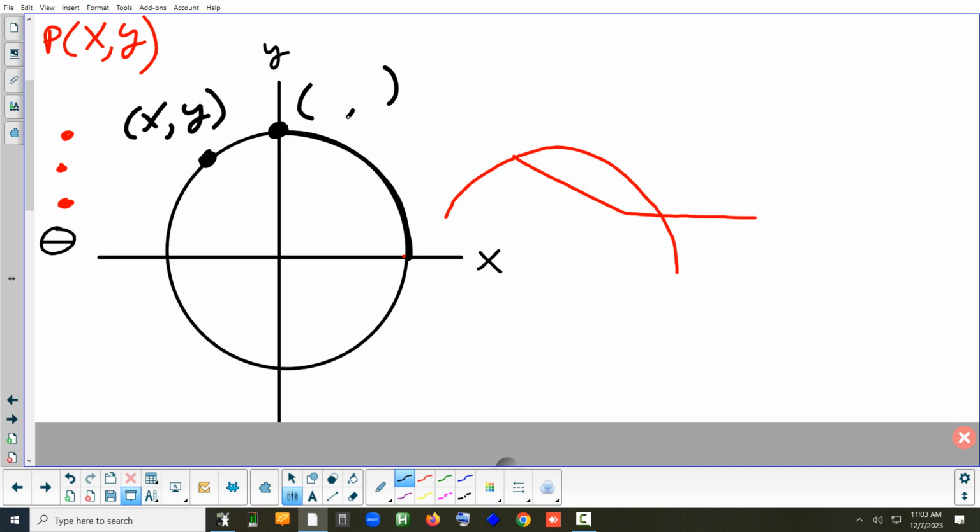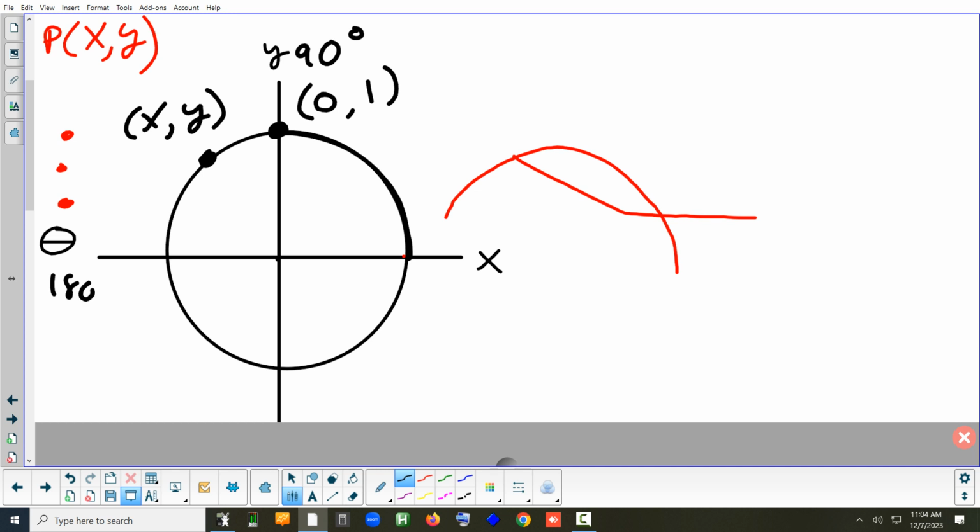It's a unit circle, so we know the radius is 1. To get from the origin to the edge, going straight up, what do you think the coordinate for 90 degrees would be? 0, 1. Yep. That is always the coordinate for 90 degrees on a unit circle. 0, 1. Always.